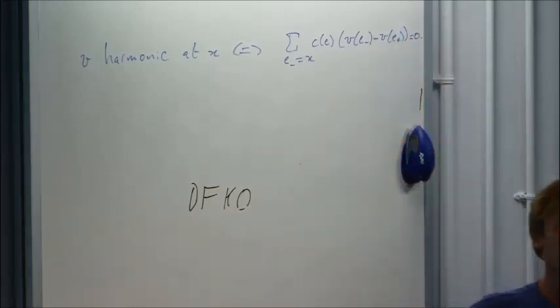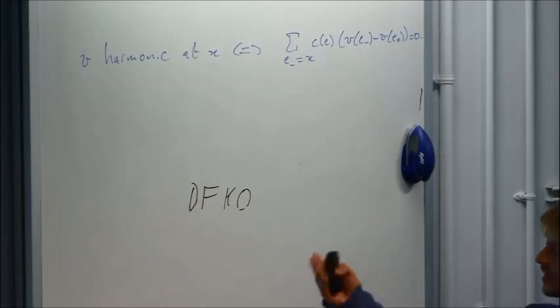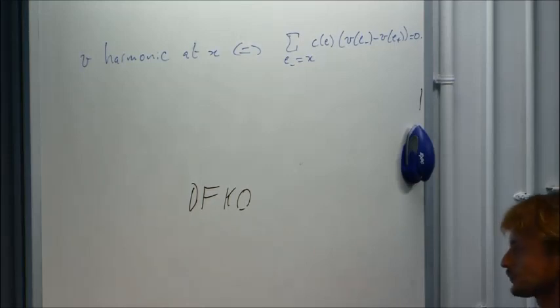It means that V is the mean, but the weighted mean, of its values on the neighbors, weighted by the conductance. So here it's harmonic everywhere except at the sides.